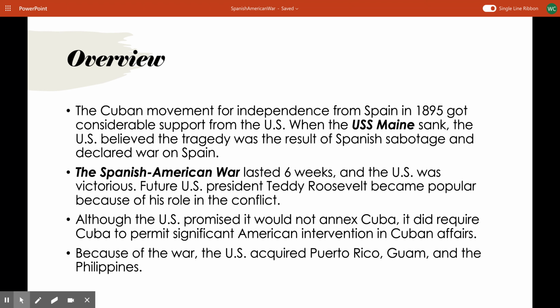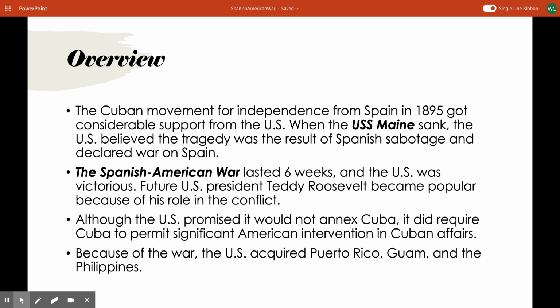The future U.S. President Theodore Roosevelt, also called Teddy Roosevelt, became very popular. He rose to national prominence due to his role in the conflict. The other thing is that, although the United States promised it would not annex Cuba, and by annex I mean take it over and take control of it and add it to the United States as a territory, they promised they wouldn't do that, but they did require Cuba to permit significant American intervention in Cuban affairs.